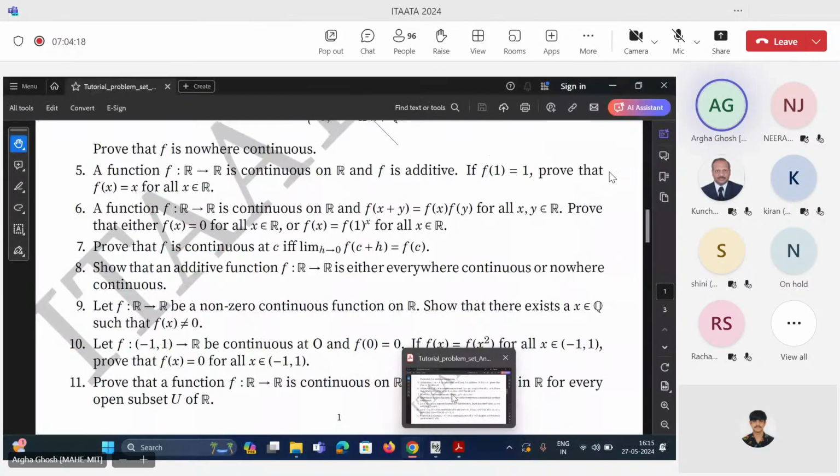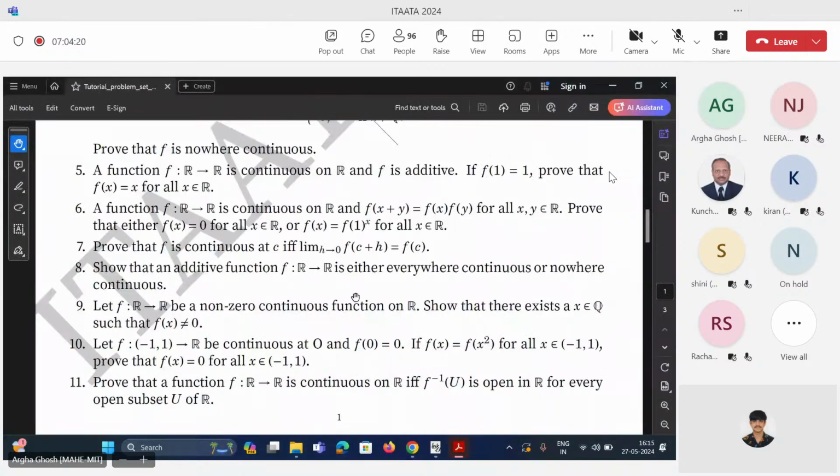Okay, try to solve question number 6. It's a similar type of question, but we change the condition that f is additive to this new condition that f of x plus y is f of x into f of y. See what we are getting. We are getting either it's a zero function or f of x equals f of 1 to the power x.